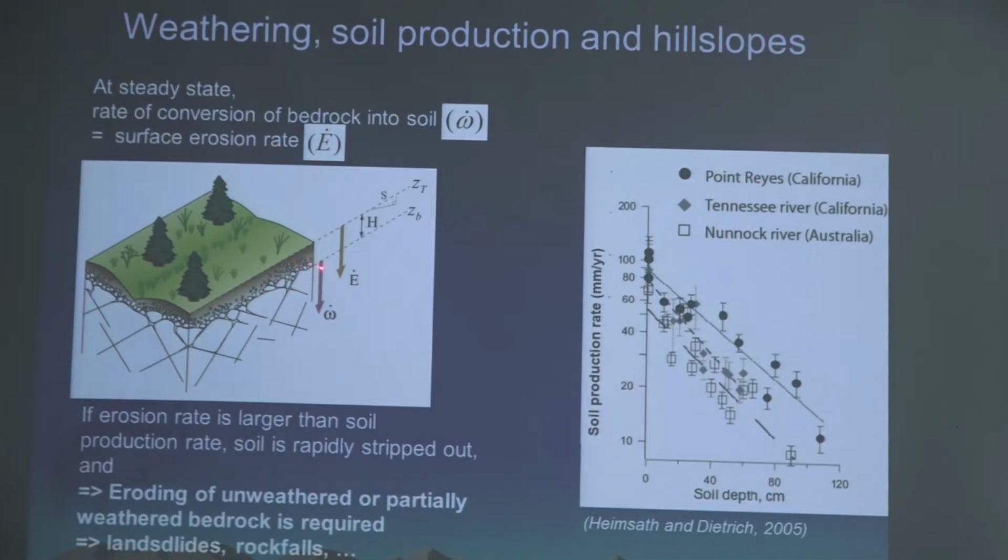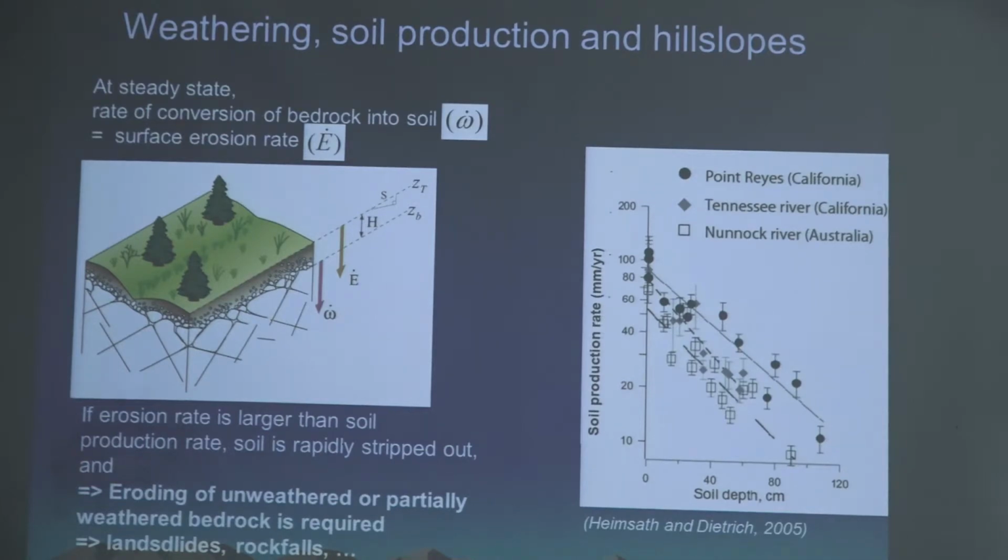Because if the rate of erosion is faster than the soil conversion rate, or bedrock to soil conversion rate, what happens? After some time, you will have removed all the soil, and you will have a naked bedrock, and the bedrock cannot erode by rain splash, cannot erode by burrowing of the gophers, or this kind of thing.